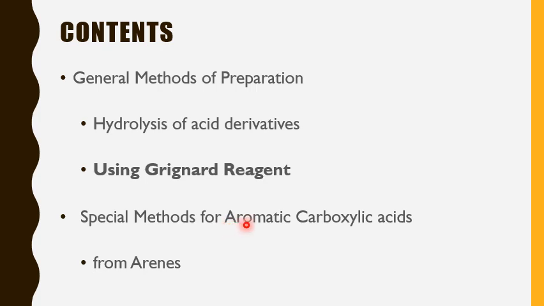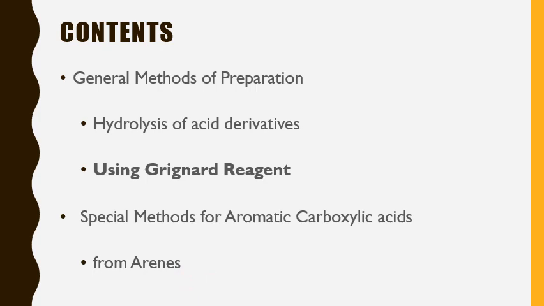Special methods, when I say, are for aromatic acids, not the general. General means for aliphatic as well as aromatic. The second is what methods are used for specially preparing aromatic carboxylic acids. Though there are many methods, we will focus, as per our syllabus, on preparation from arenes. So these are the two topics that we are going to focus on today.